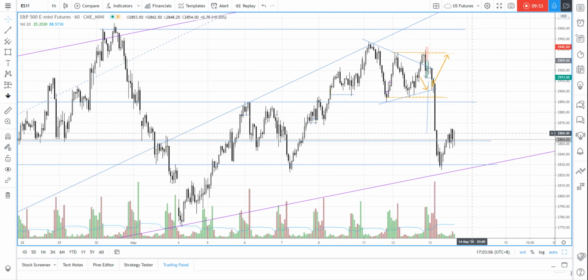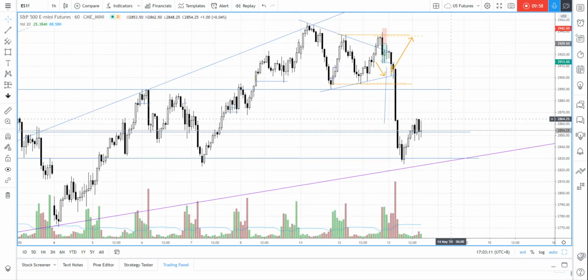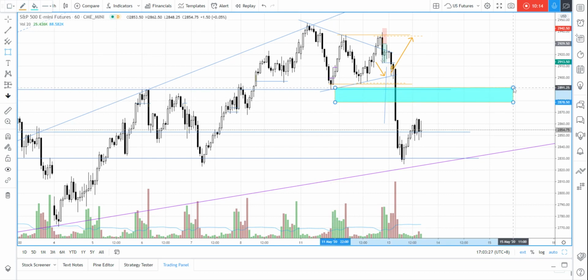The key levels I'm paying attention to: the resistance level still hasn't changed. Now it's a resistance area from 2880 to 2900. If we see some rally up and get a rejection into this supply area, then I'm quite happy to take a short entry.